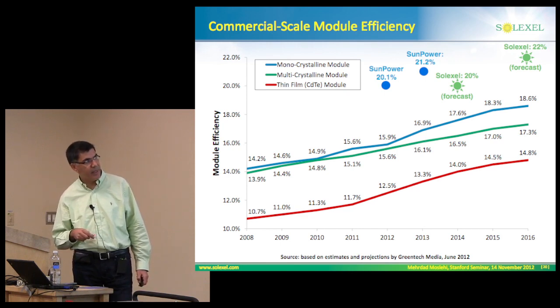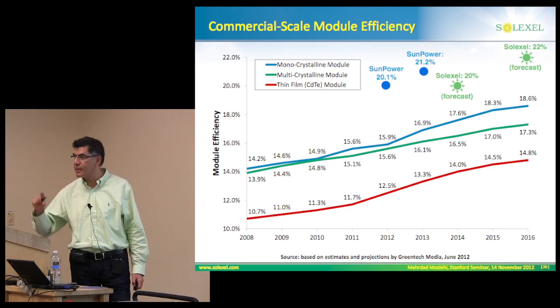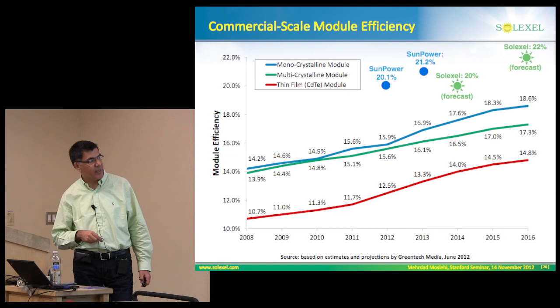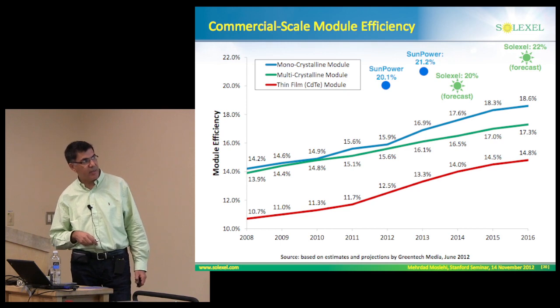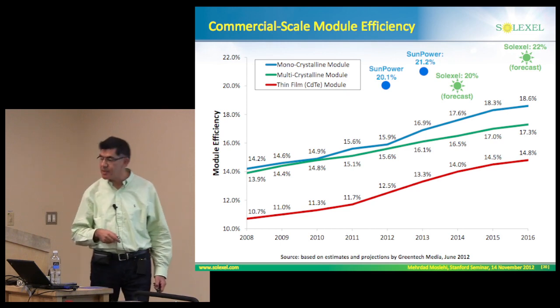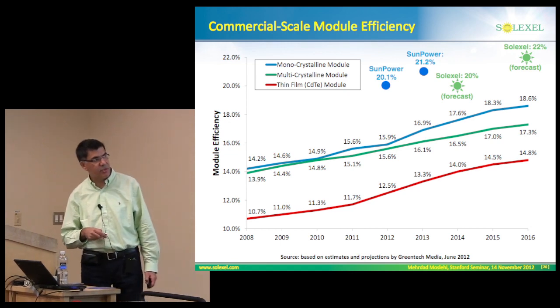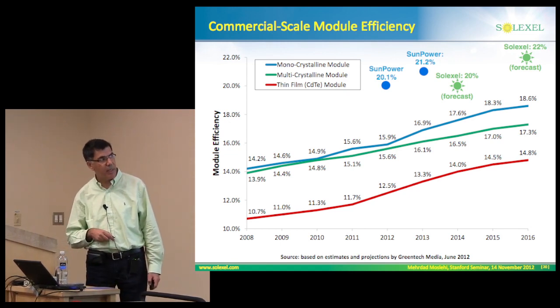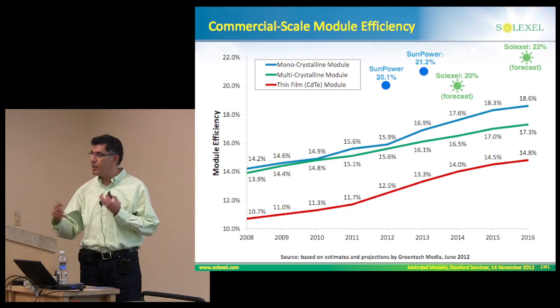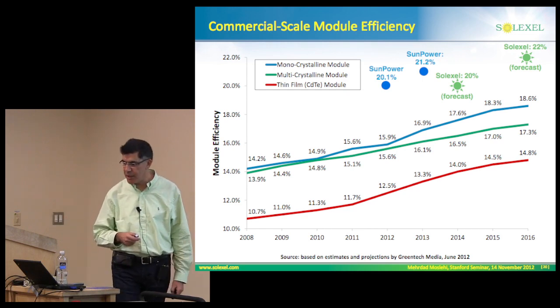And of course, you can see that there is a gap. When you look at the thin film technology, it's trailing crystalline silicon by at least 3% in efficiency. And again, they both are going to go up in efficiency, but the gap will continue.